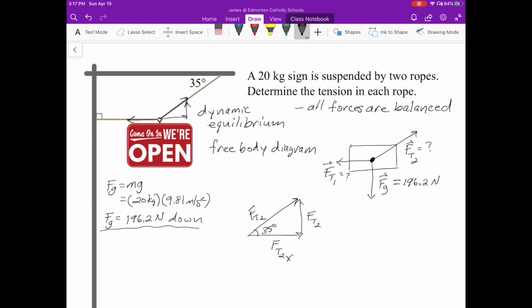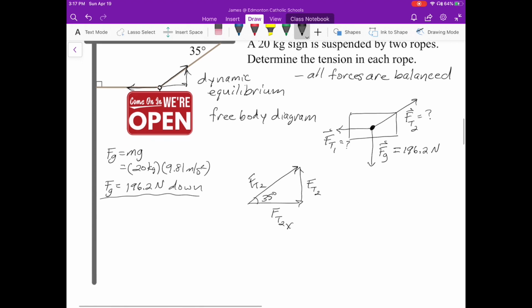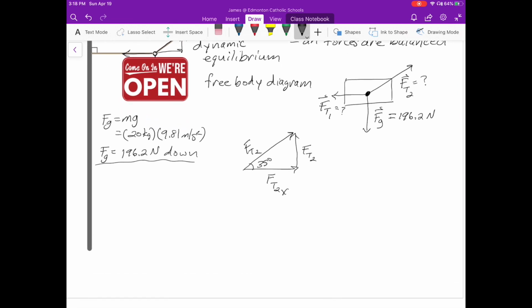Okay, here's the thing. This sign is in equilibrium. So that means the forces pulling up and down on it balance each other out, and the forces pulling left and right on it balance each other out. So we're going to consider the two perpendicular directions. Let's just do the y direction first. Okay, so for the y direction, the net force in the y direction, there's two forces acting in the y direction.